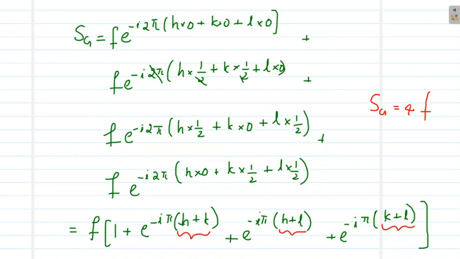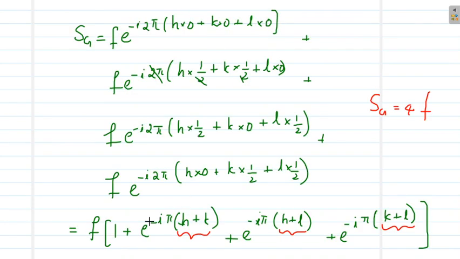So when will that happen? If h, k and l are all even numbers, then these terms, e raised to minus iπ into an even number plus an even number, is an even number. So all these terms will be even and you will get a maximum structure factor.